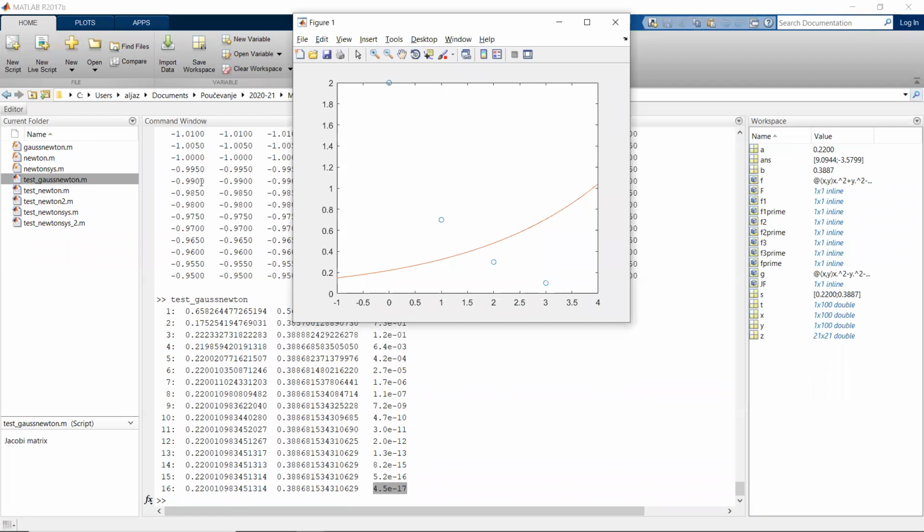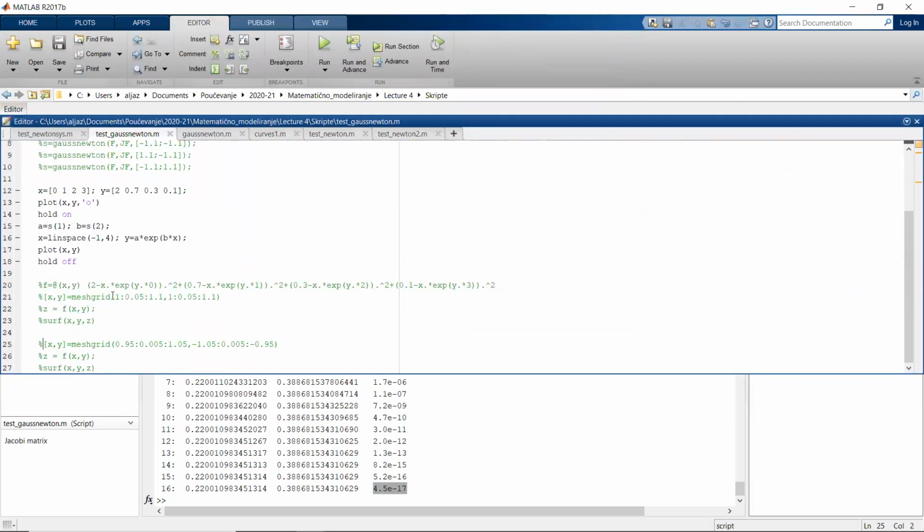I will show you in what sense. Now I will draw this surface again.